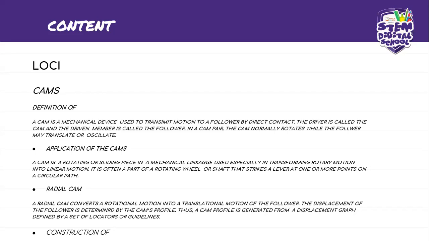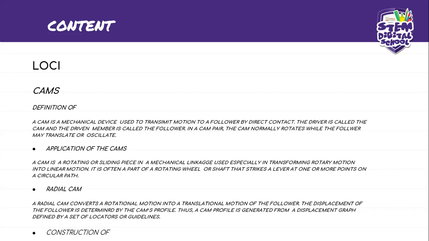You'd find that there is a specifically designed disk which is used as part of a link mechanism in order to control the amount of product that is supposed to be filled in a container, in a bottle, and so forth. And that can only be facilitated by what we refer to as cams.